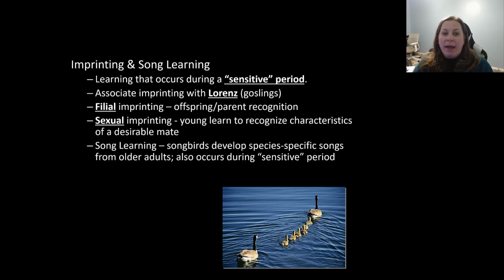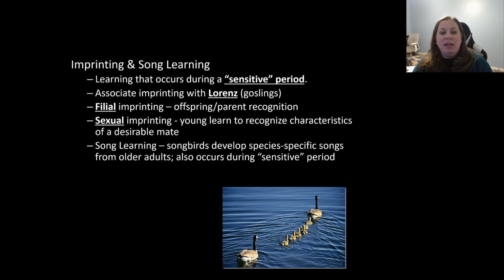And this was studied by Lorentz. Lorentz did this with little goslings, like you can see here in the picture. And once they imprint on who their mom is, that's who they follow in this particular manner. So what Lorentz would do is take the mom away, and then he would be their mother. And they would do the same behaviors with him as they would do with their natural mom.